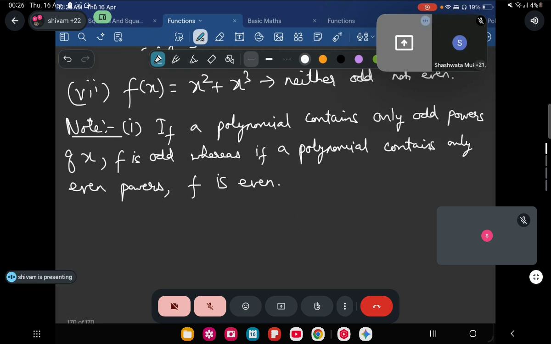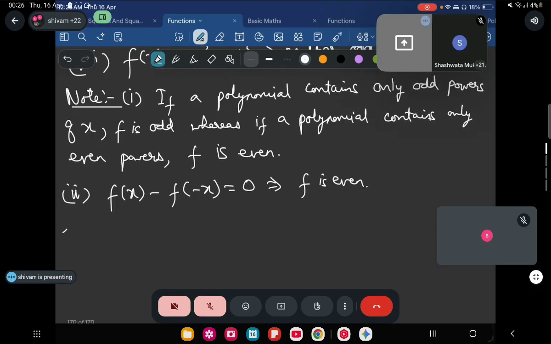Next, number 2. If f of x minus f of minus x is equal to 0, this implies f is even.